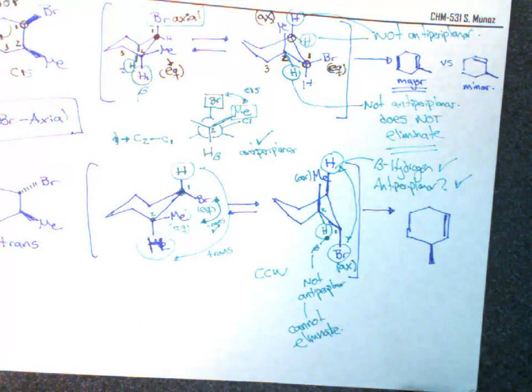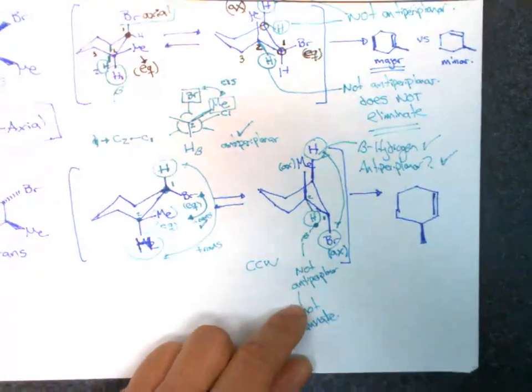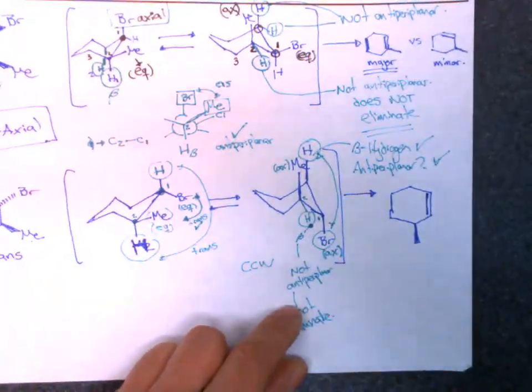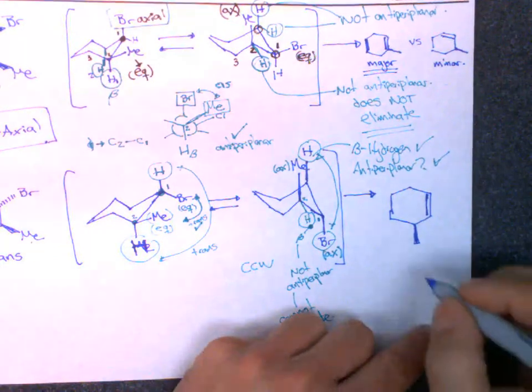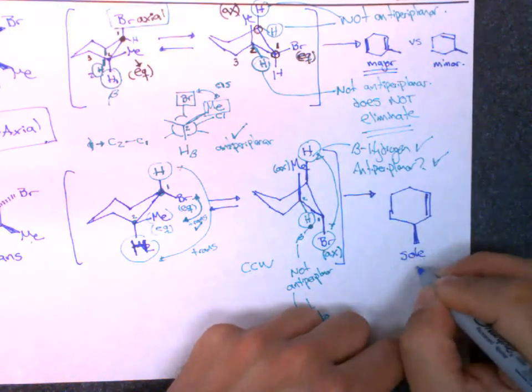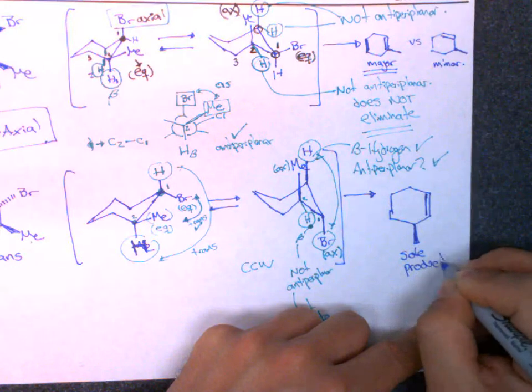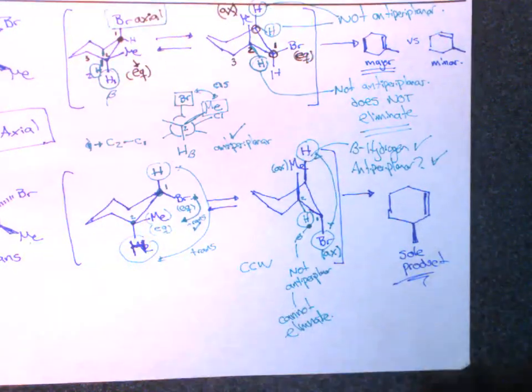I hope everyone can see that. And this is the sole product. There's no other product that can be minor or major. That's the only one. Why? Because there's only one beta hydrogen that fulfills the conformational requirements of being anti-periplanar.